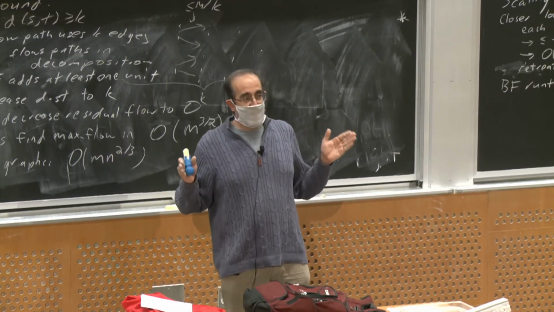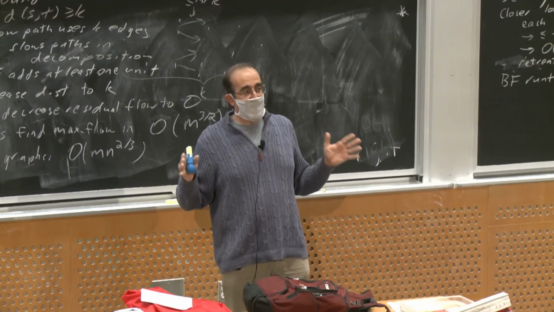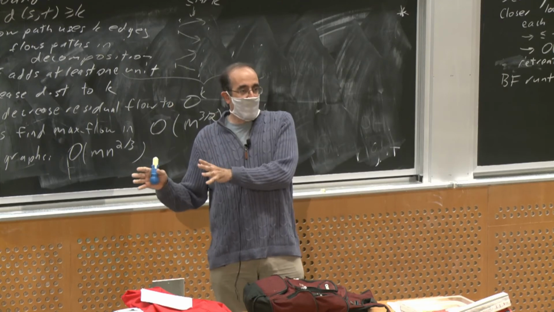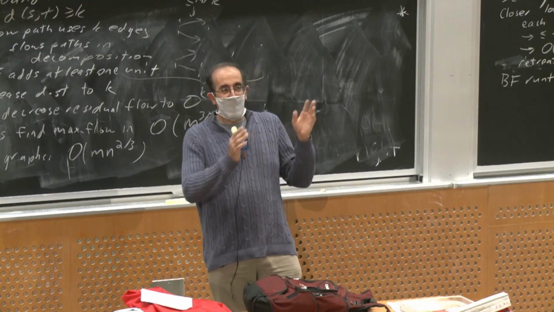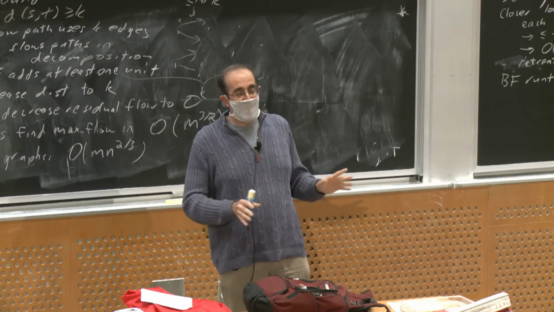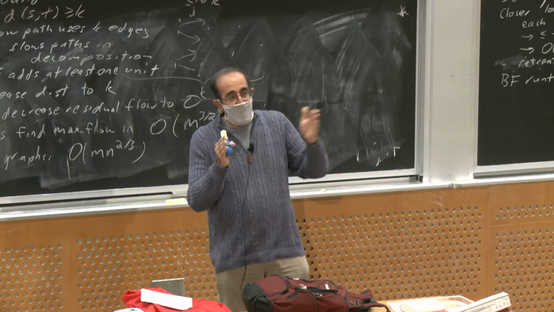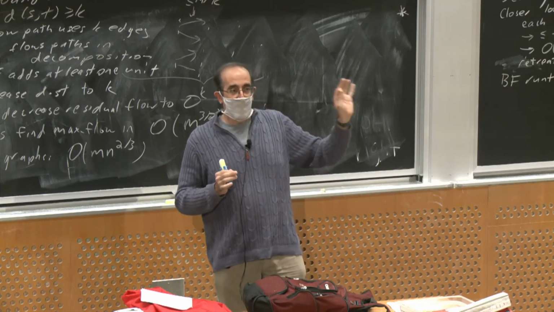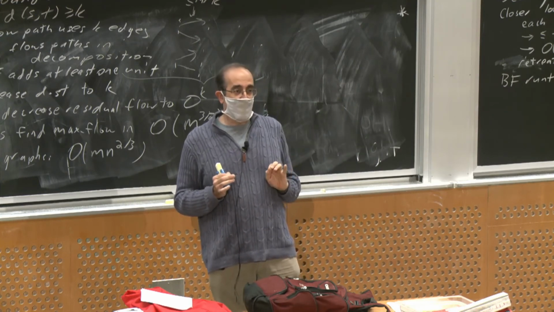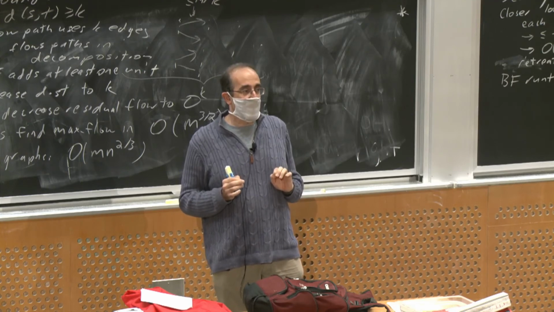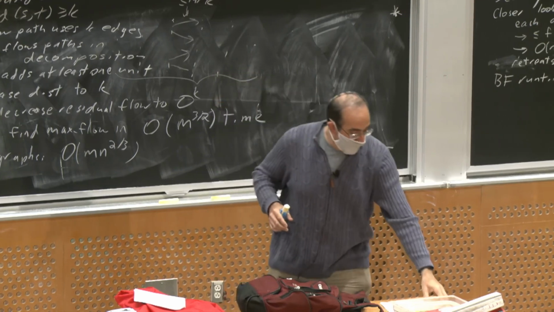Intuitively at least, the reasoning is that in augmenting paths, it takes you m time to find one unit of flow. But in blocking flows, you amortize away the shortest path computation, and that means that it only takes you the n work of actually doing the augmentation each time you find an augmenting path. Make sense? Okay.